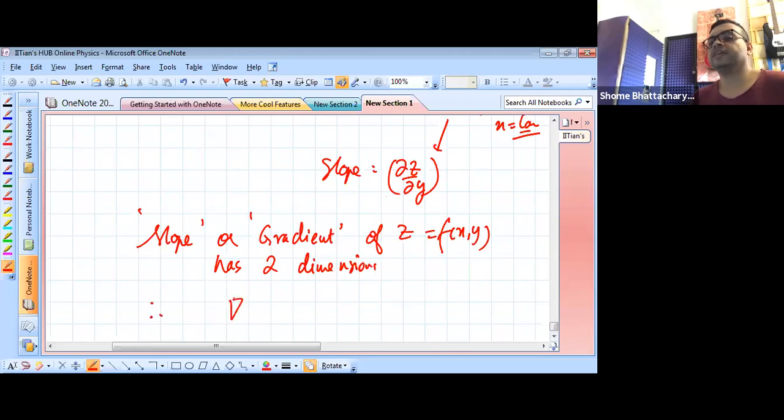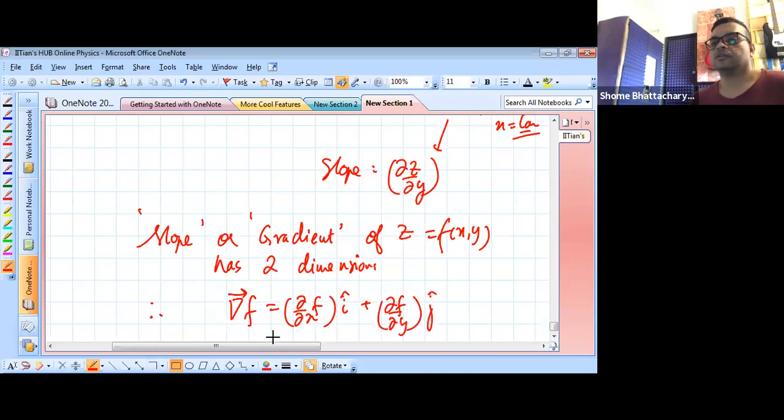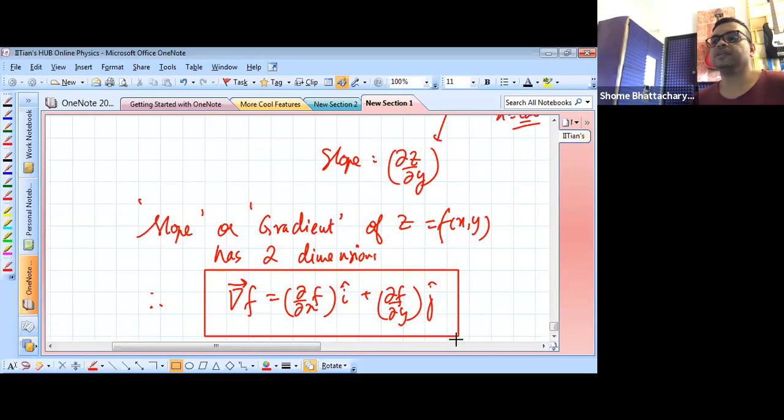And therefore, it becomes a vector quantity. So this is the meaning of the term gradient. So Bhaskar, to answer your question, the fundamental meaning of the term gradient is: it is a 2-dimensional slope, if it is a 2-dimensional function.